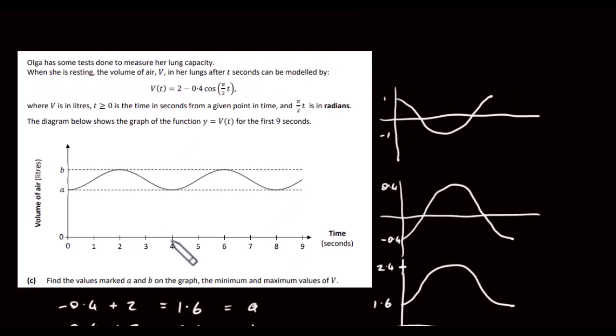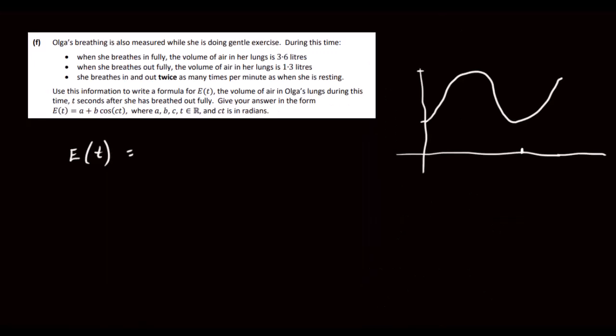The original period here is 4. So she's breathing in and out twice as fast, so it's going to be 2. The new period is going to be 2. Now remember, to work out the period of a function, you take 2 pi and divide it by the coefficient of the angle, or in this case the variable t, I should say. So you're going to divide it by c.